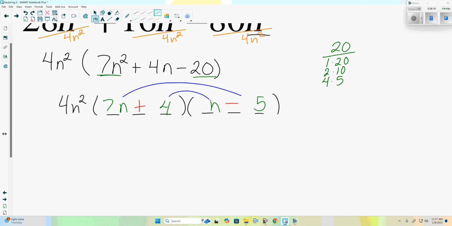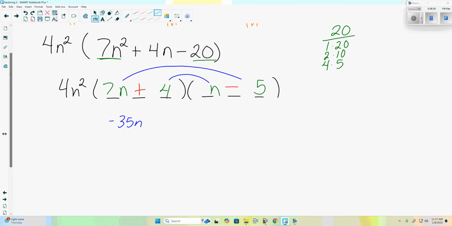Because 7 times 5 is 35. So we have negative 35 for our 7n times negative 5. And 4 times n would be plus 4n. That would give us negative 31n. 4 and 5's products are getting us a little bit big, because even if we switched, here we get negative 28n plus 5n, giving us negative 23n.